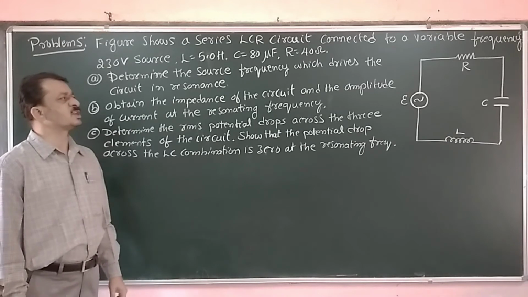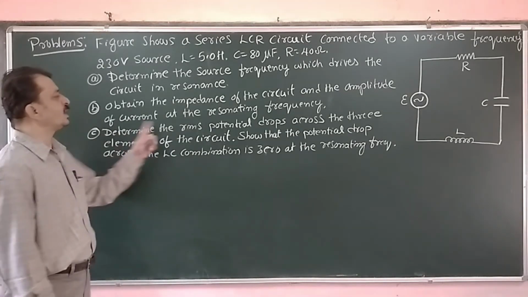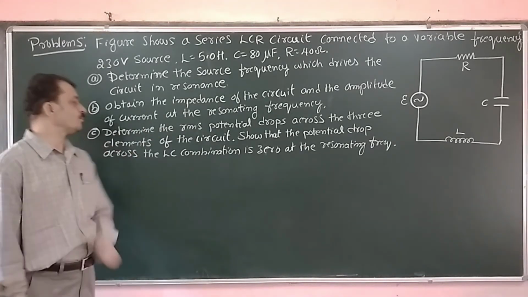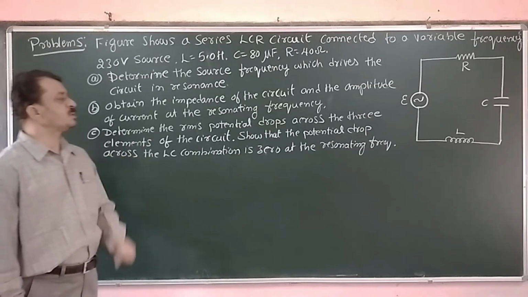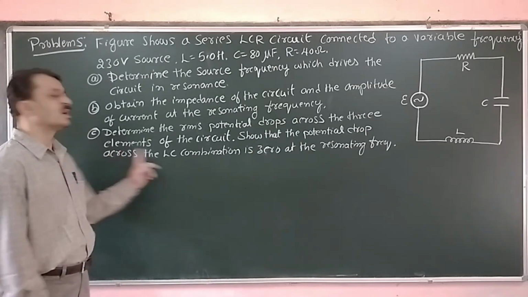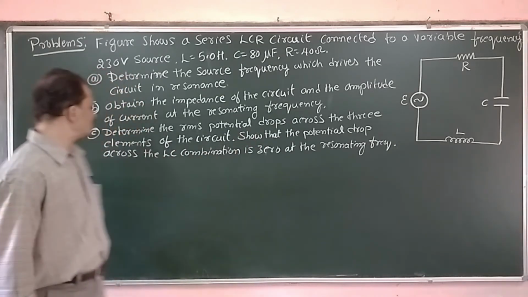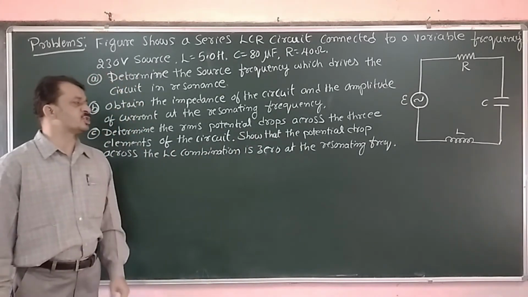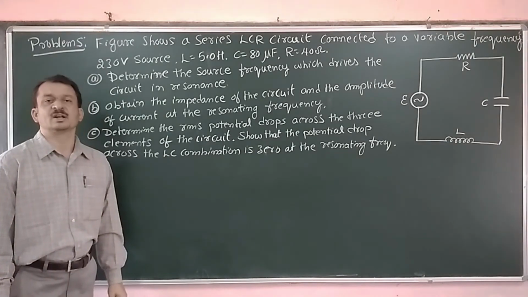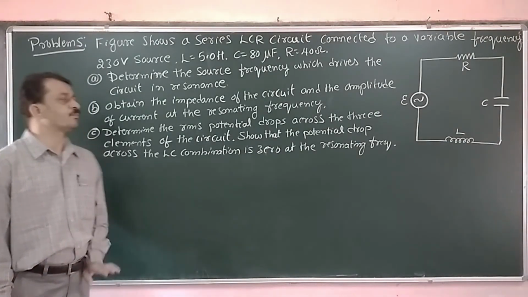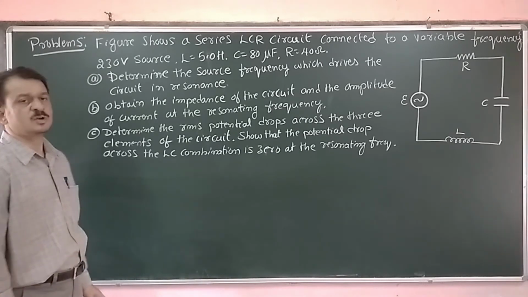Obtain the impedance of the circuit and amplitude of the current at the resonance frequency. Determine the RMS potential drop across the three components of the circuit. Show that the potential drop across the LC combination is 0 at resonance frequency. Those things we have to calculate.